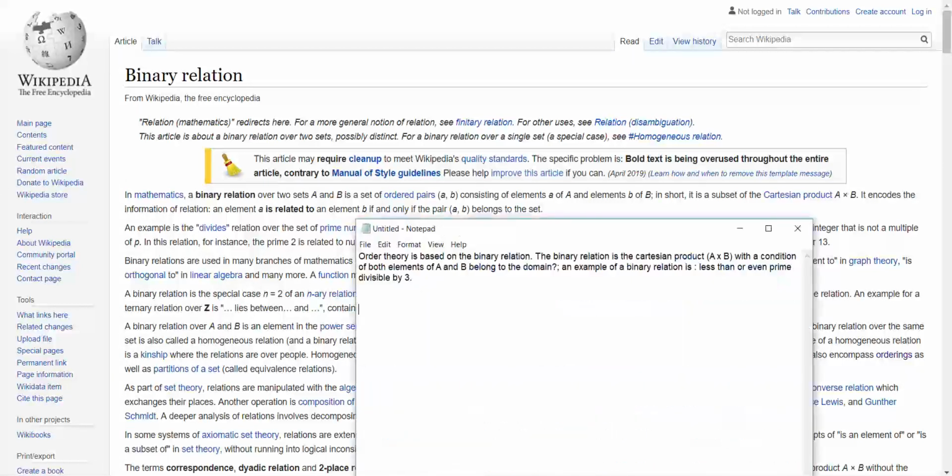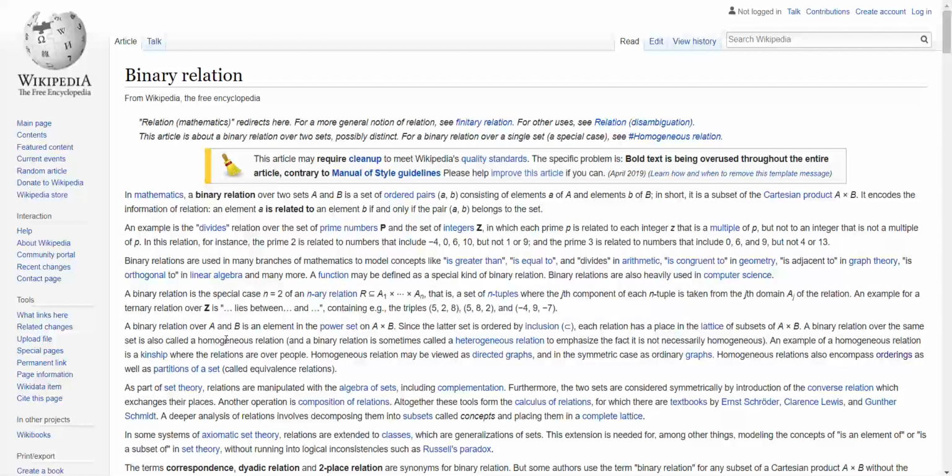Basically, you're talking about elements of A and B, and there's some sort of connection between them. So a binary relation over A and B is an element in the power set, since the latter set is ordered by inclusion.